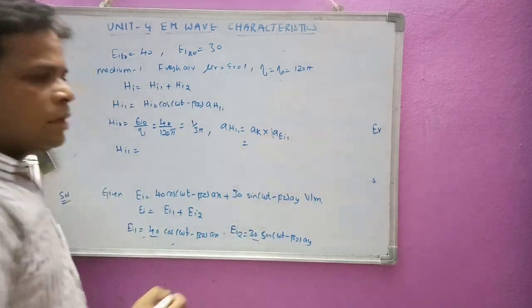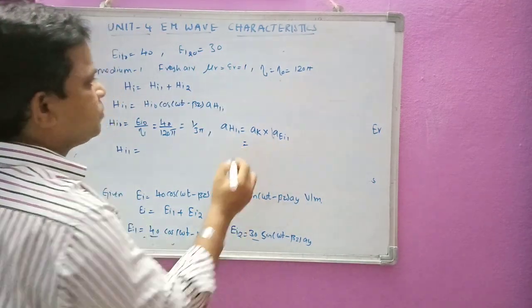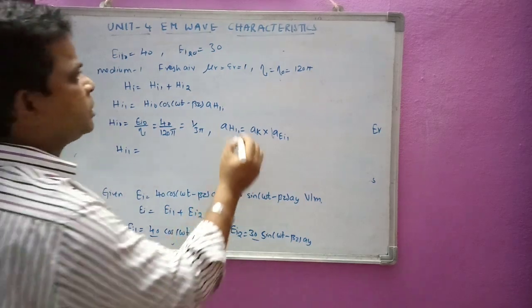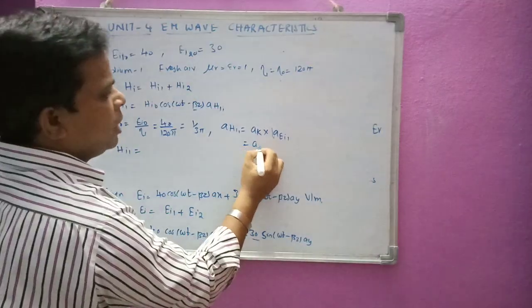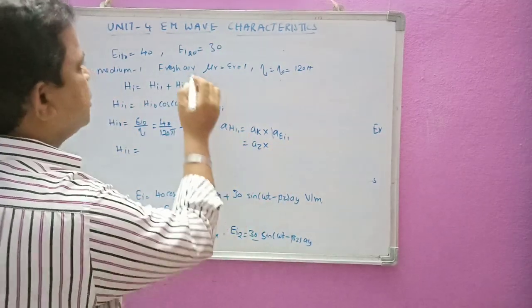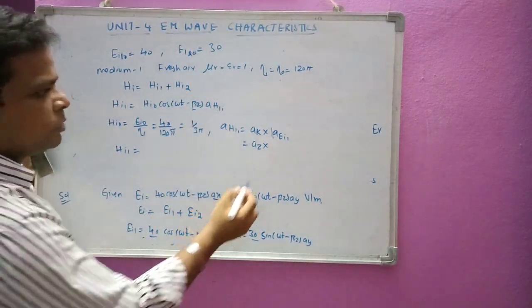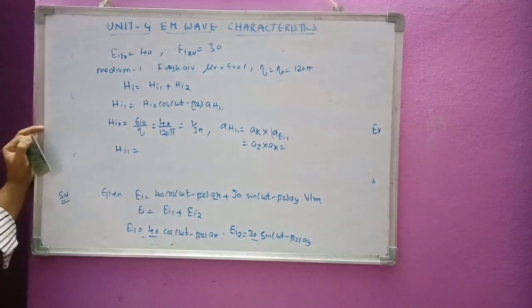It is the direction in which the wave is propagating, the positive z direction, as you can see in the question. Then aZ cross aE1, which is in the x direction, so aZ cross aX will be equal to aY.